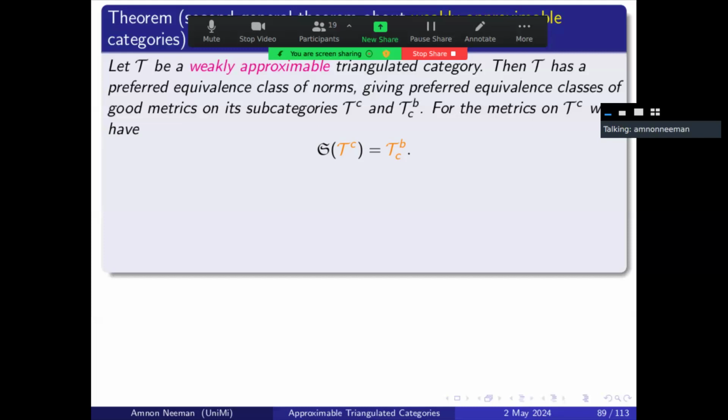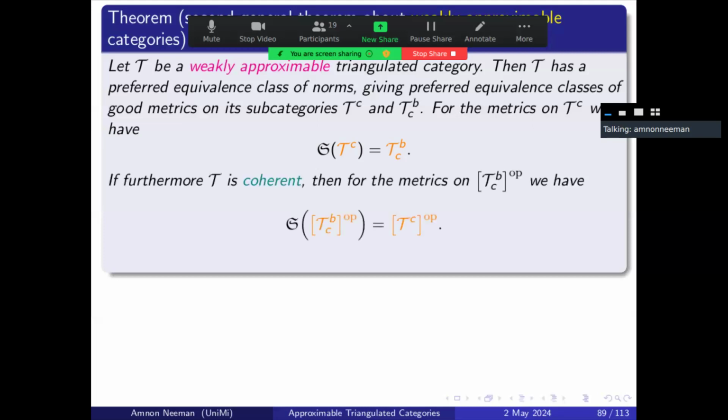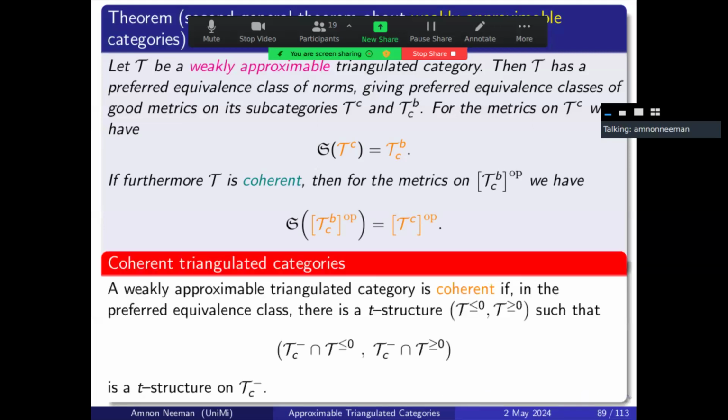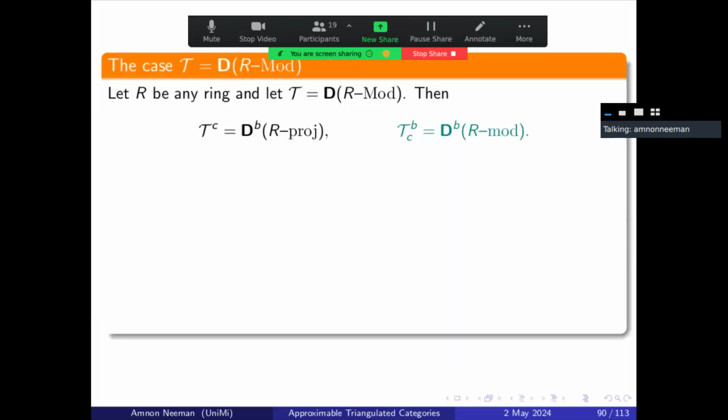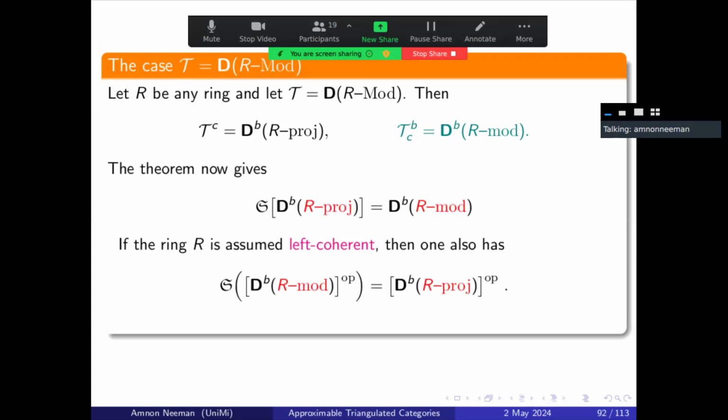And for these metrics, you have that S of T^c is equal to T^bc, and under some condition, you can also go back. The coherence is a technical condition I don't want to get into, but if R is a coherent ring, then you can go back and forth between the bounded complexes of finitely generated projectives and the bounded complexes of all finitely generated R modules.